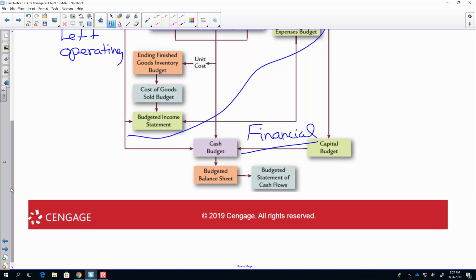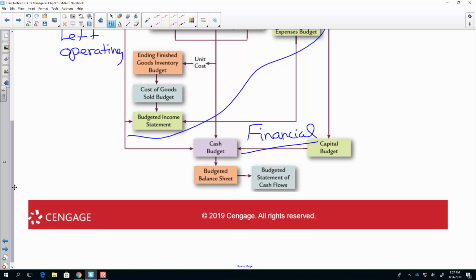Yeah, income statement falls under the operating, I think because of the fact that we're using the cost of goods sold, which is an operational cost, right? Cost per unit. But everything below that line is basically financial. The cash, the balance sheet, those are financial budgets.